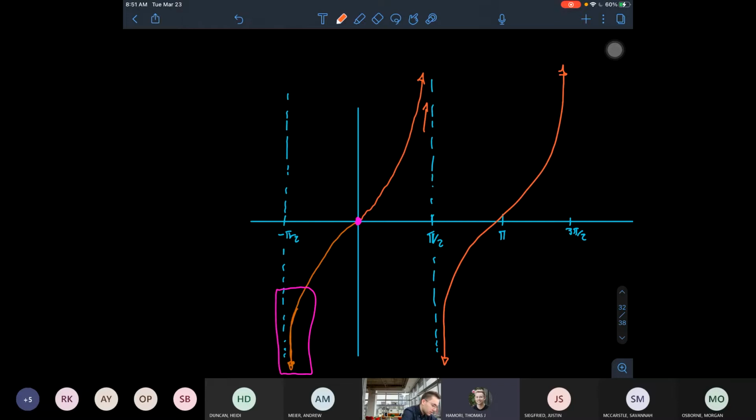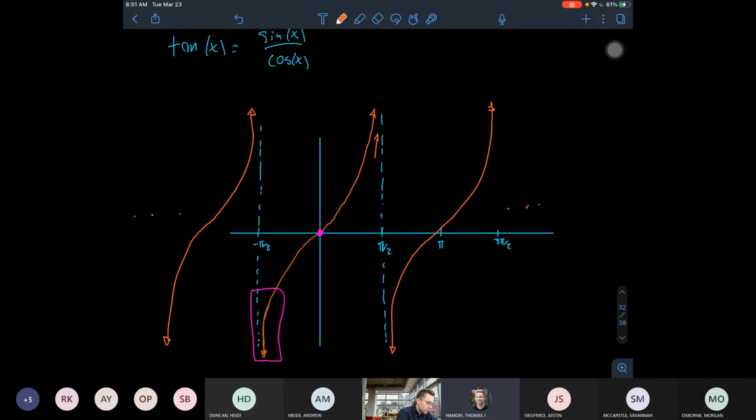Since the multiplicity is 1, we should have opposite end behavior on both sides of this asymptote, negative pi over 2. So since we're going down on the right side, we should be going up on the left side. So again, we get something which looks like this. And then so on and so forth as we go left and right.